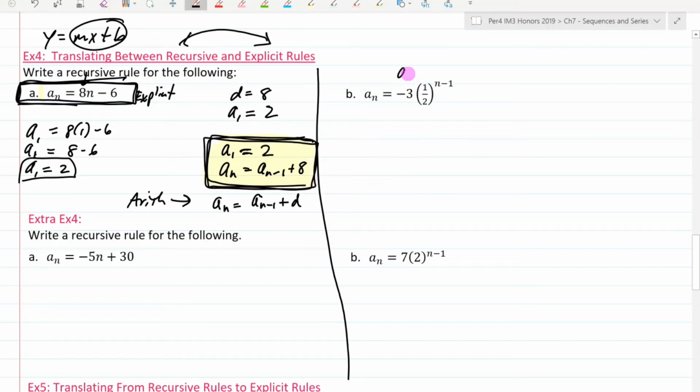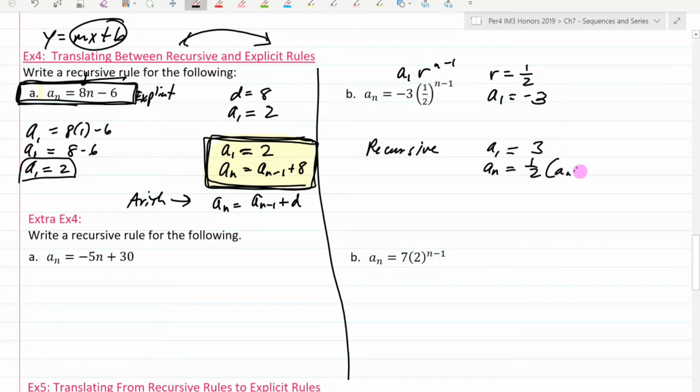The next one's geometric, which is a1 times r to the n minus 1 power. So r is equal to 1/2. The first term is equal to -3. So to write it as a recursive rule, you would just put a1 is equal to -3, and the formula would be the previous term times r.